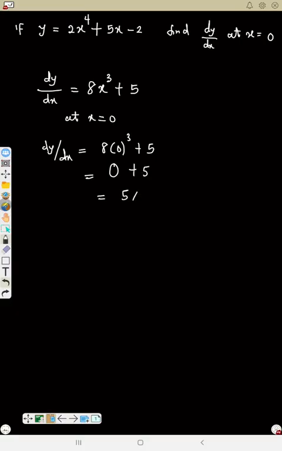This will be equal to 5. Answer. Now some of you that cannot solve it separately, you can press everything exactly as you have it here into your calculator and get the answer, so it will always save your time too. So the final answer is 5. Hope you are getting it. Okay.